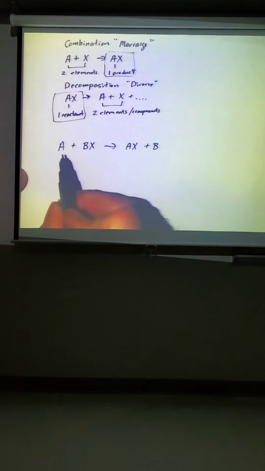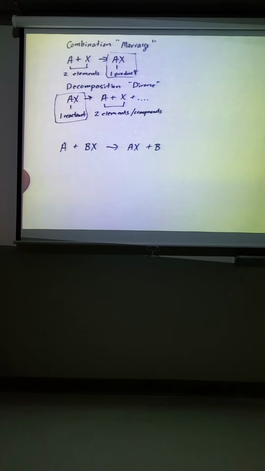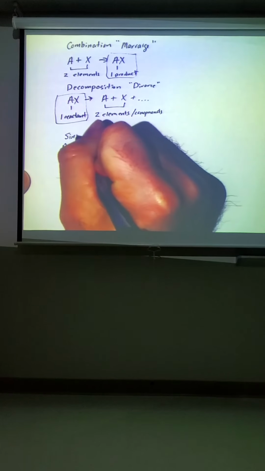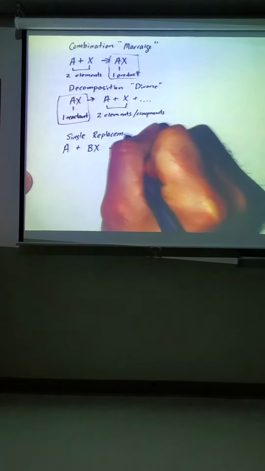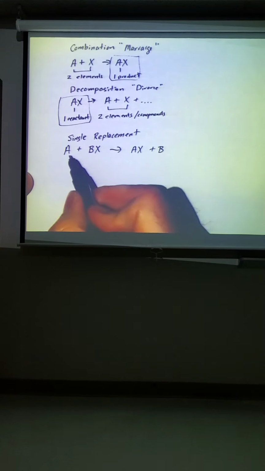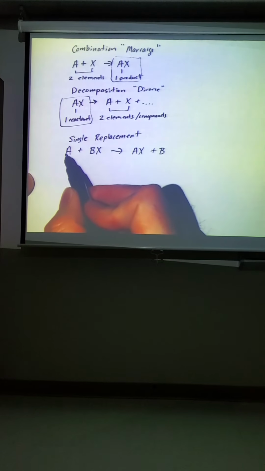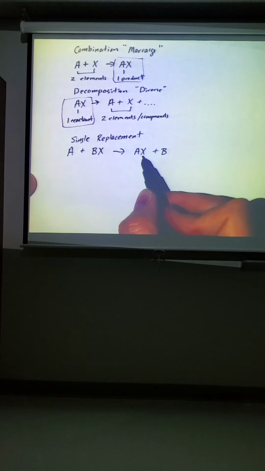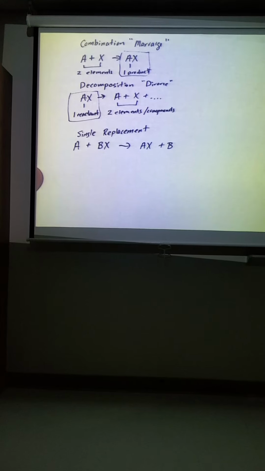So notice A and B are now switching places. In chemistry we call that single replacement. It's called single replacement, or some books say displacement, but single replacement because A is the single by itself and BX is almost like this married couple, and then somehow A runs off into the sunset with X and kicks B to the curb. So in life, what do we call that?